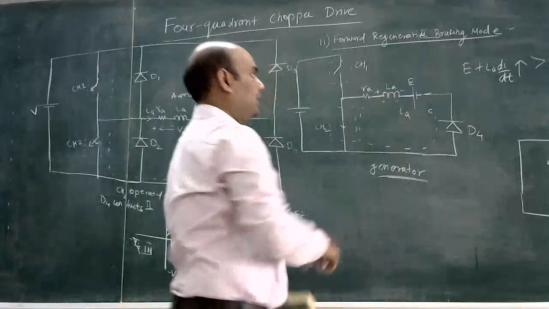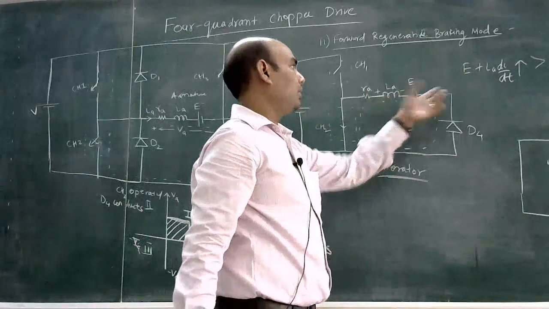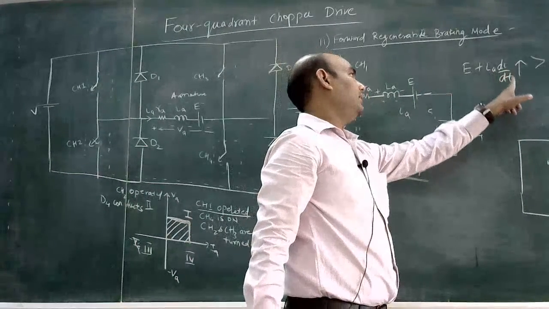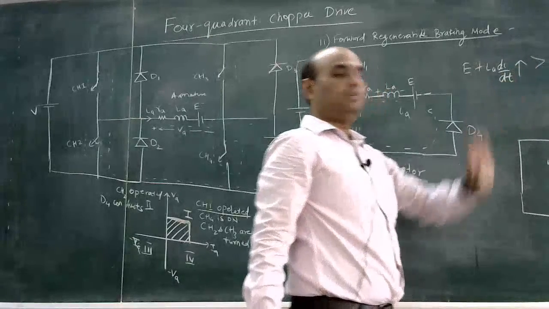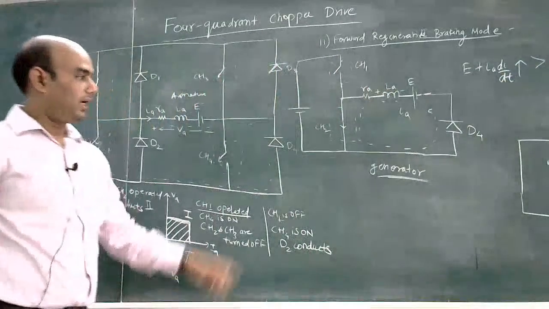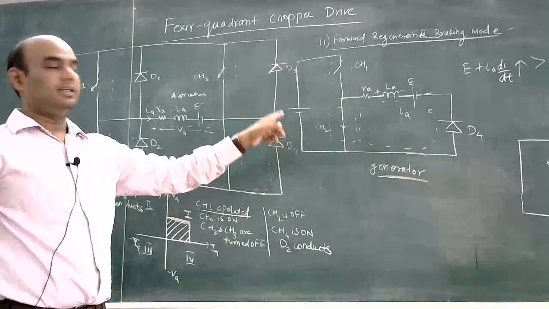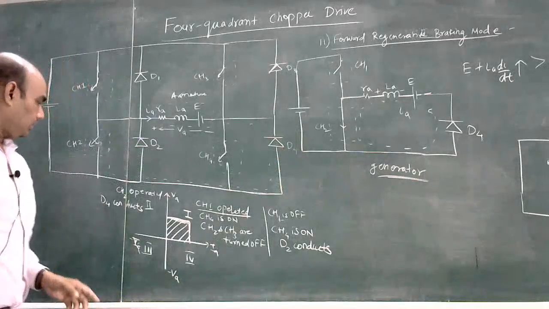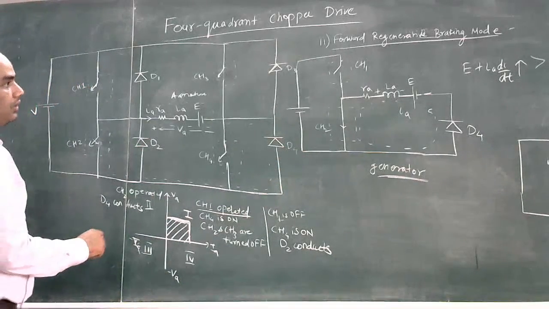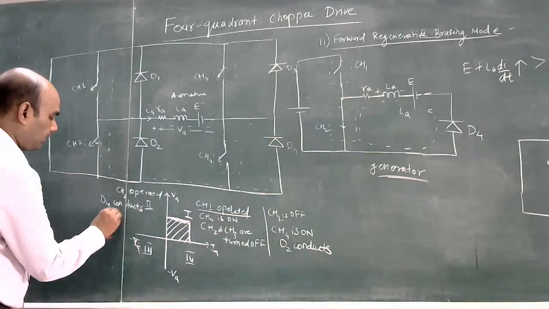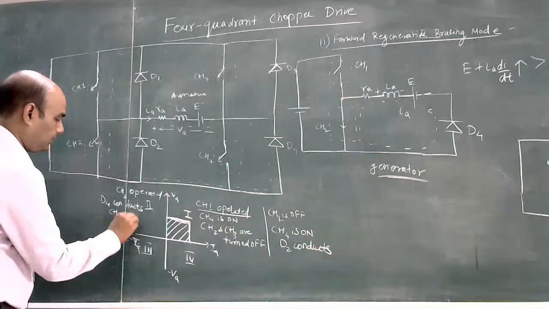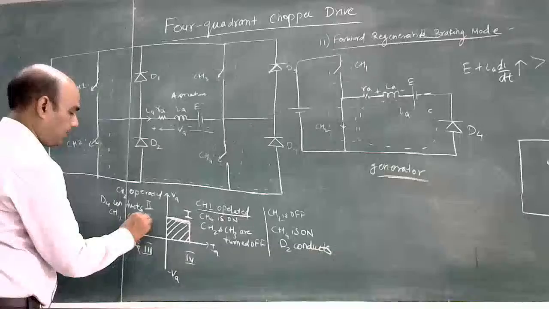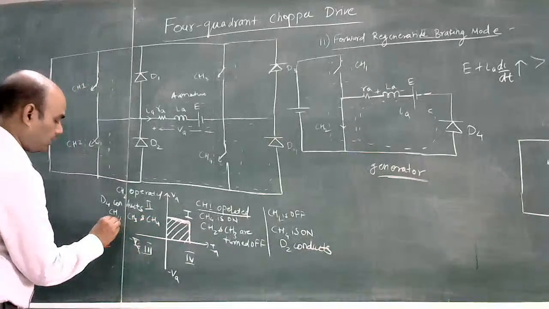Okay, and then voltage across this motor will become EA plus LA di by dt, which will become greater than V, and it behaves as a generator at this time. Okay. So here other switches, that is CH1, CH3 and CH4, are turned off.